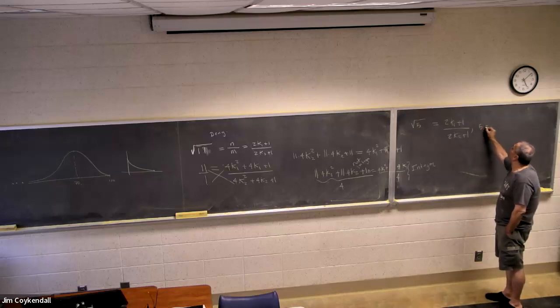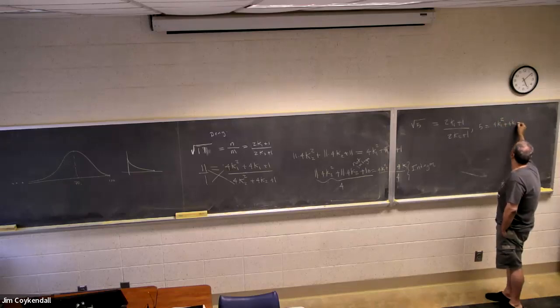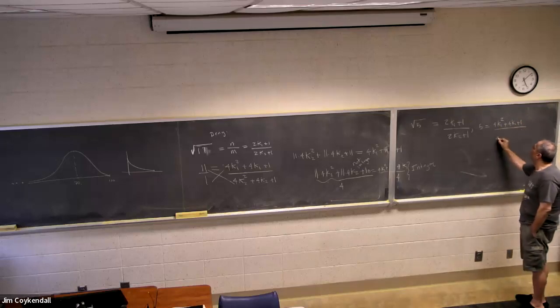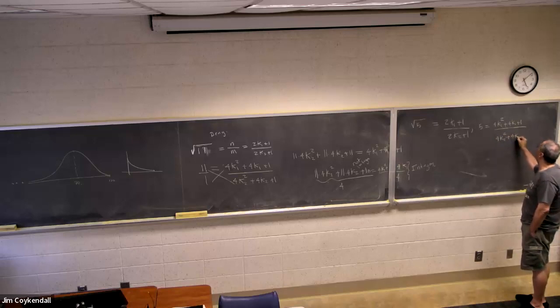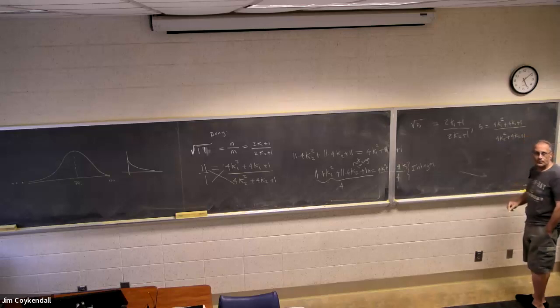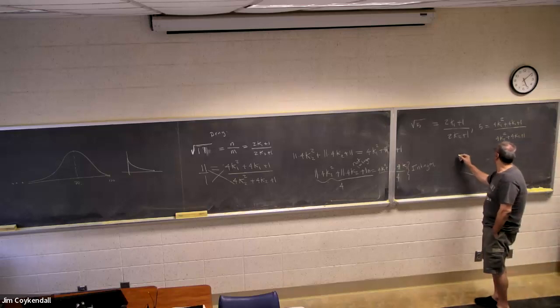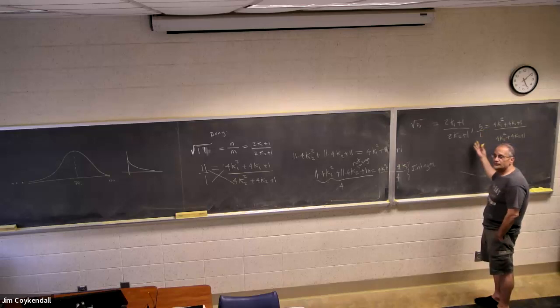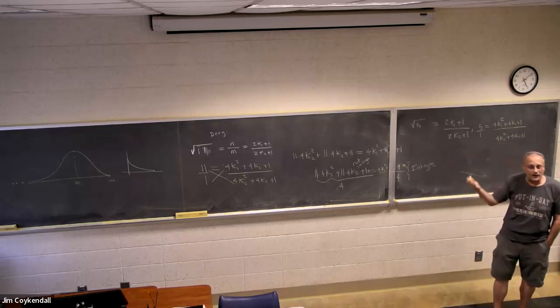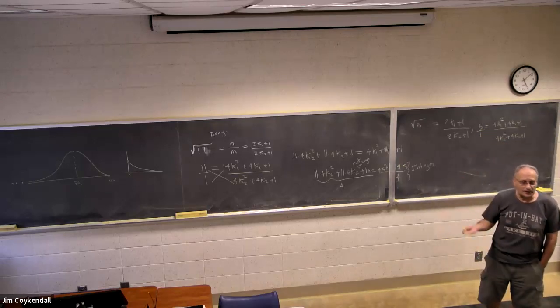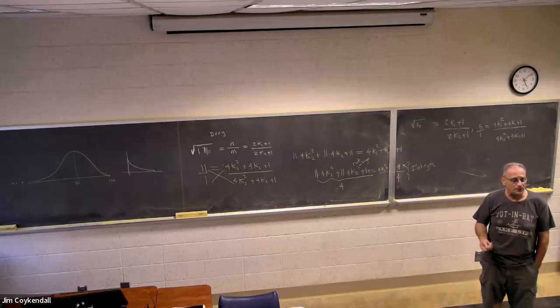So 5 will be (4k1 squared plus 4k1 plus 1) over (4k2 squared plus 4k2 plus 1). This is something you can teach to anybody. I think in high school you don't have to worry about prime factorization.